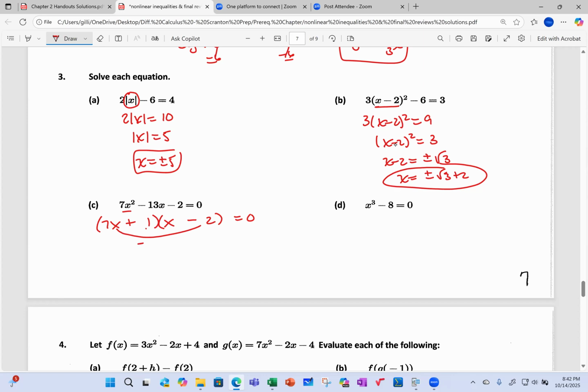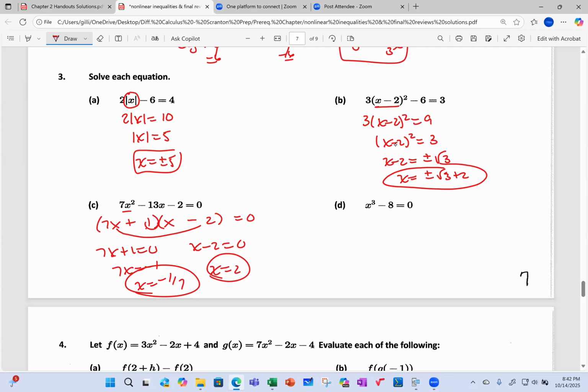But I need to check that the outer, negative 14x, with the inner, plus 1x, does give me negative 13x. And it does. So then I'll set each of these factors equal to 0, subtract the 1, divide by 7. And over here, I'll just add the 2.